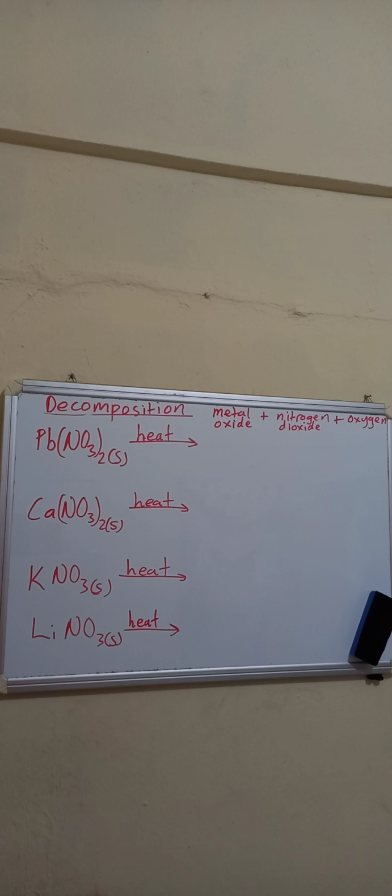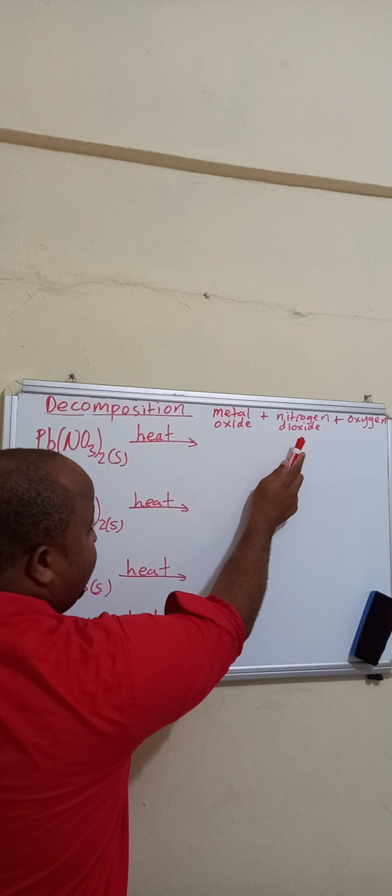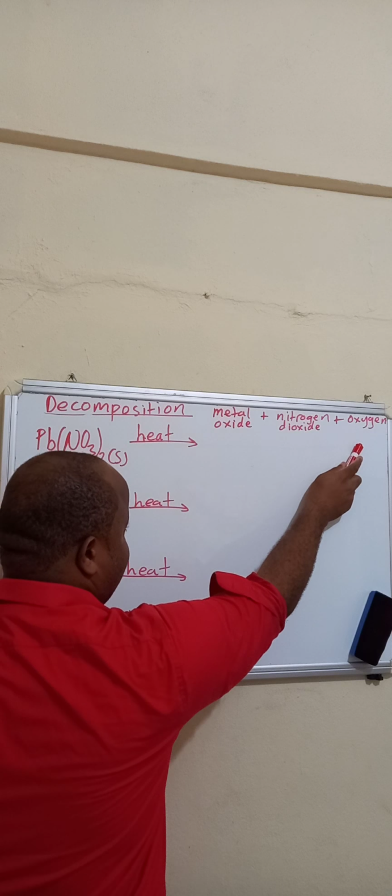Alright, so for this one now, we are looking at the decomposition of metal nitrates. With the carbonates, you get the metal oxide and oxygen gas. However, with the nitrate, you are getting three things: metal oxide, nitrogen dioxide, and oxygen.